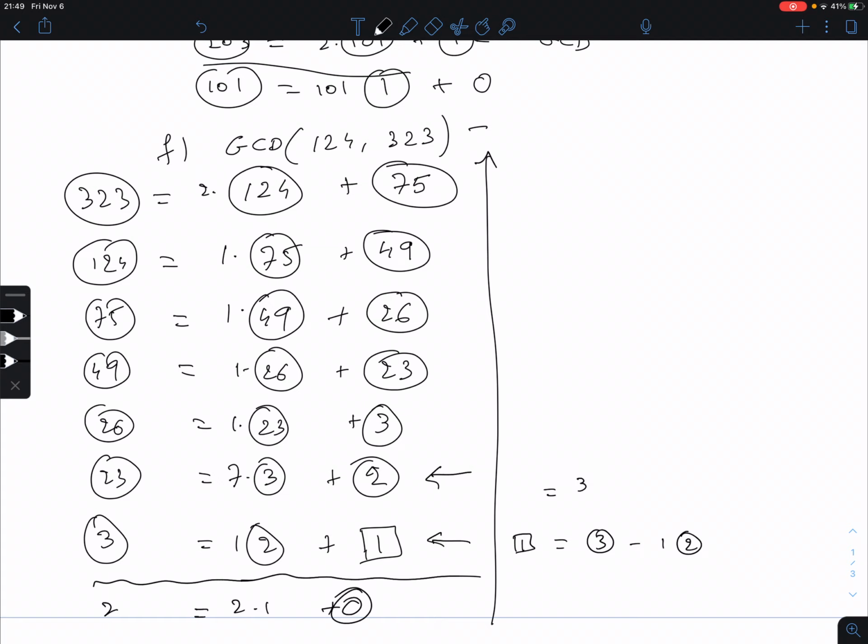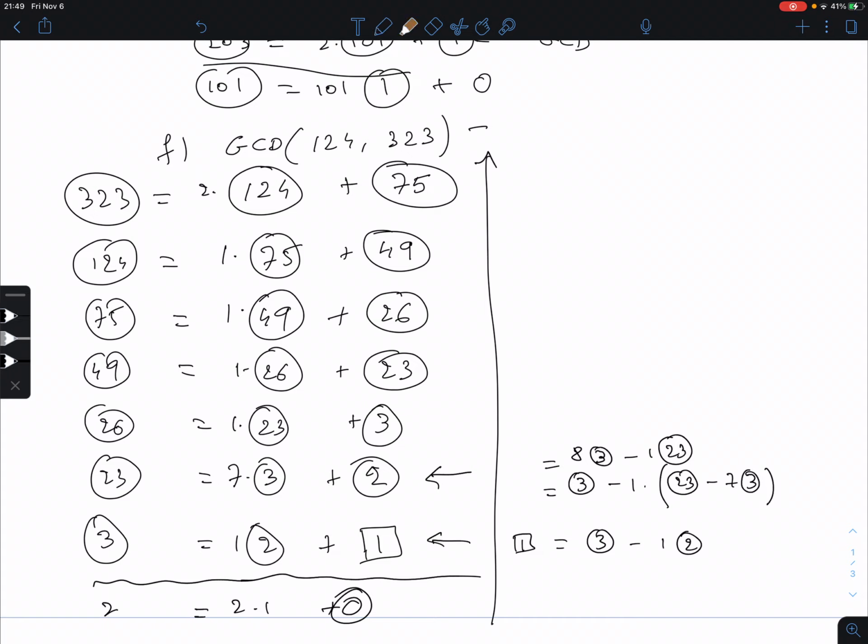So this gives me 3 minus 1 times 2, and 2 is equal to 23 circled minus 7 times 3 circled. Good. I combine, and there are always 2 steps: the first step is this, and the second step is combining the circled numbers. So 3 and minus 7 gives 8. So we have 8 times 3 minus 1 times 23.